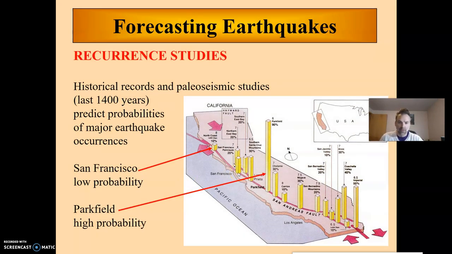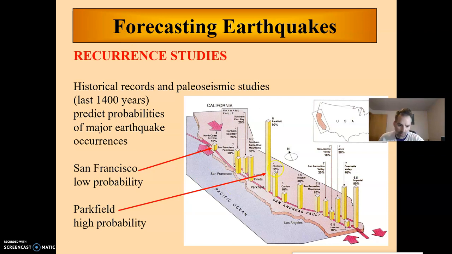This is forecasting earthquakes, and there have been some recurrent studies that have been done in California. Obviously, this is where most of our earthquakes occur in the U.S. It's showing you the historical records and paleoseismic studies for the last 1,400 years. So they can average stuff out and do some statistics to see what's going on in probabilities.